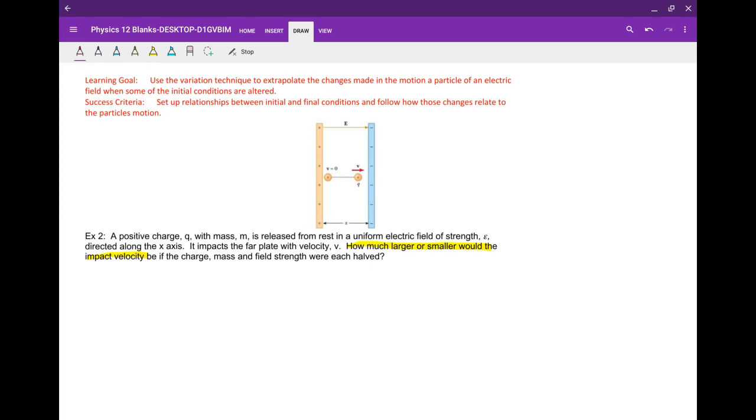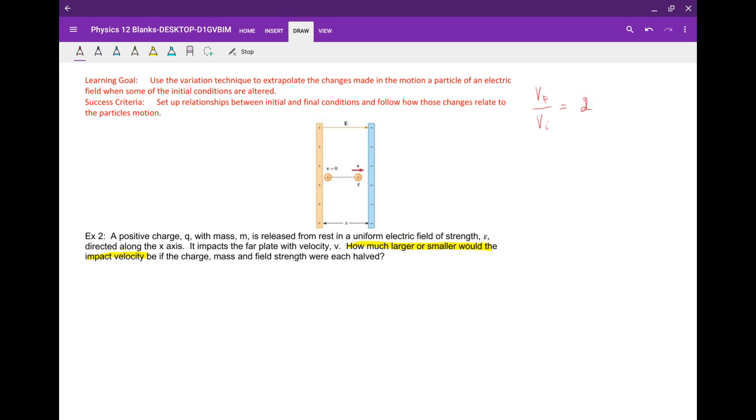So what we want to do here is the final answer is going to be essentially V final over V initial equals some kind of number. If you get a 1 here, then the V final and the V initial are the same, so it wouldn't be any larger or smaller.